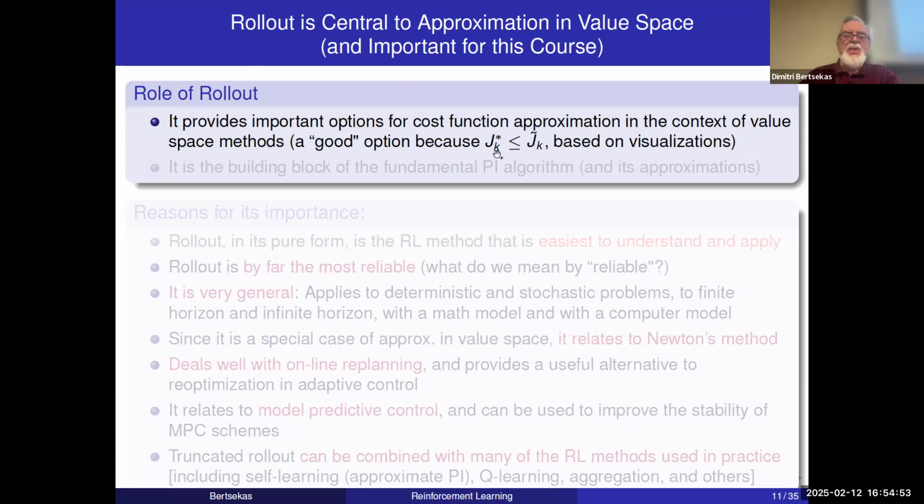And rollout always gives you something from above, right? Because this is the cost of some suboptimal policy, and this is the optimal cost. So this is also part of the secret for the success of rollout. It's not only an approximation to use, a J tilde to use, but it also approximates from some good region, from above.